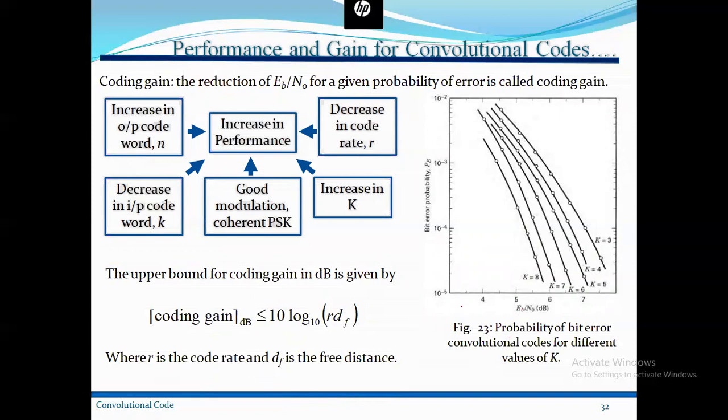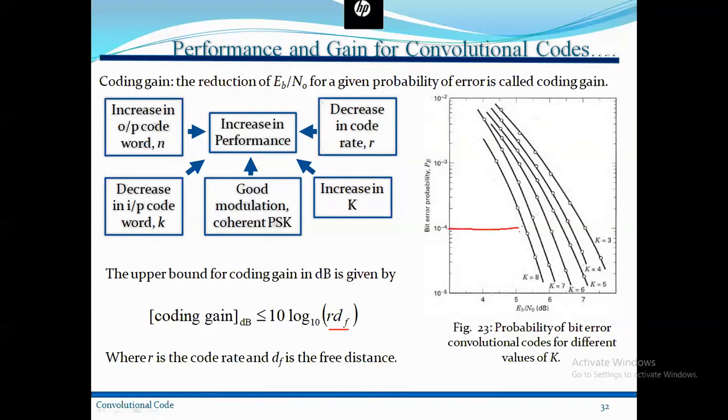So in fact, there are various parameters which improve the performance of convolution code, in which the code rate and the free distance are the two main factors which improve the coding gain. And also the error performance is improved by increasing the constraint length.